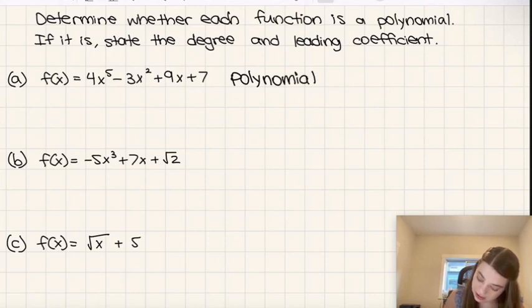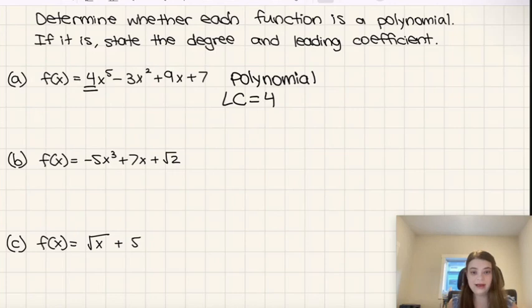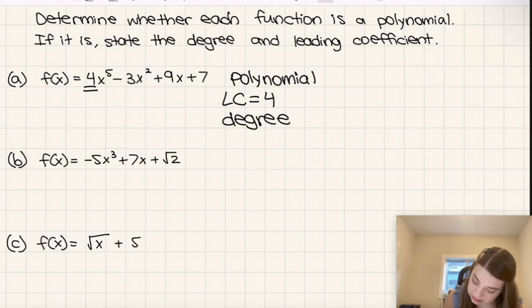We can see that the leading coefficient is 4 in this case, right? Because 4 is the coefficient for x to the power 5, and that is the highest power. And also I can see that the degree is 5, right? Because 5 is the highest exponent on any of these.